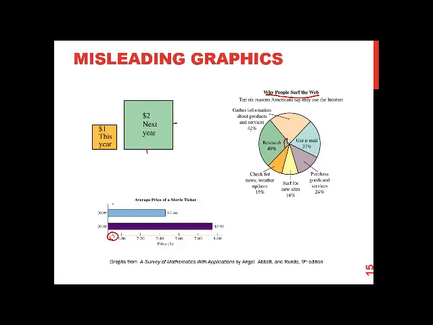So 91% is taking up half this circle. This circle doesn't have 100%, it's got 180%. This is not an appropriate way of displaying this, because some people use email and do research. Some people are counted twice in this graphic.